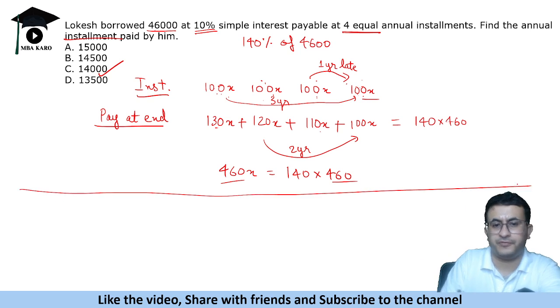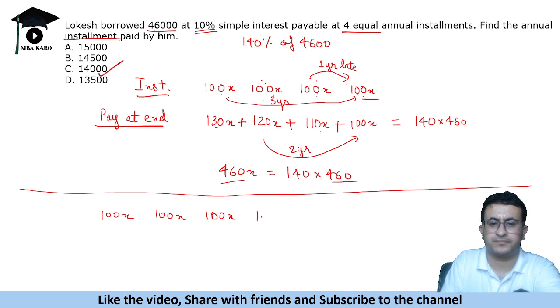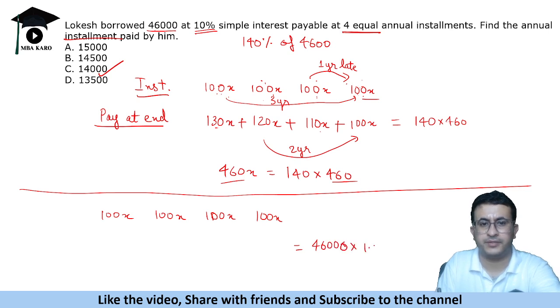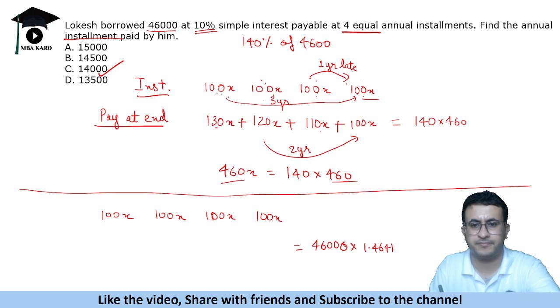Now same question, if it was about compound interest, how would we have solved? Okay. So if it was about compound interest, his installment would have been 100x 100x. Okay, and amount he has to pay would have been 46,000 into 1 point, because there are 4 years, 4641, ठीक है?